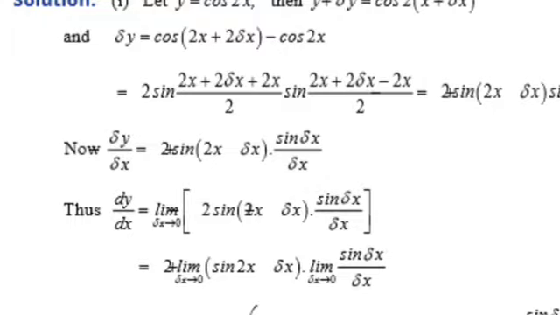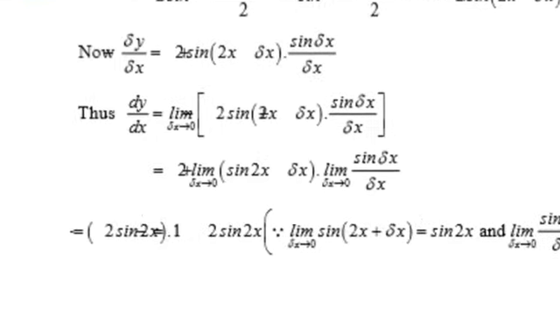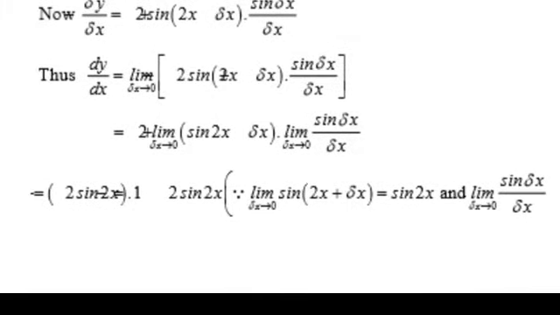Now simplify these values, and when we divide by delta x, sin delta x over delta x is 1, and put the limit, and here we have the answer minus 2 sin 2x.